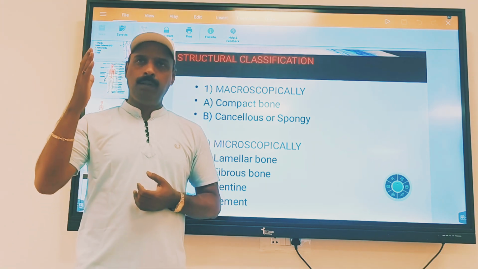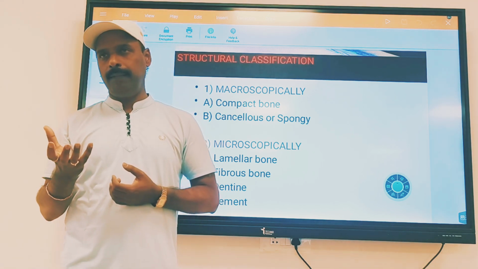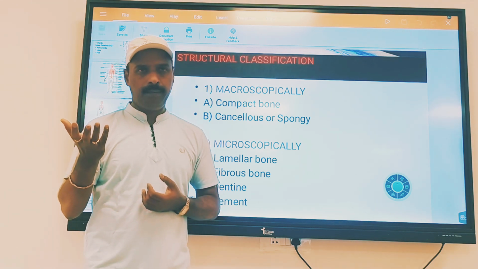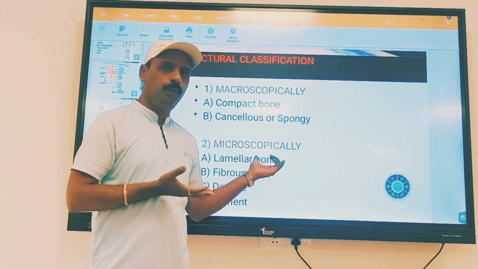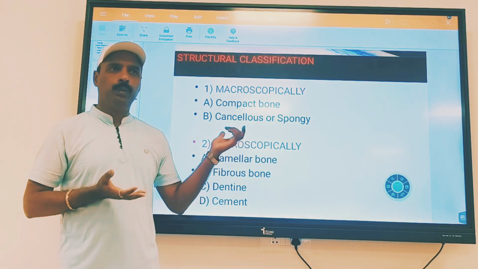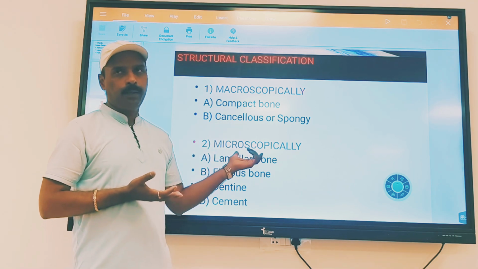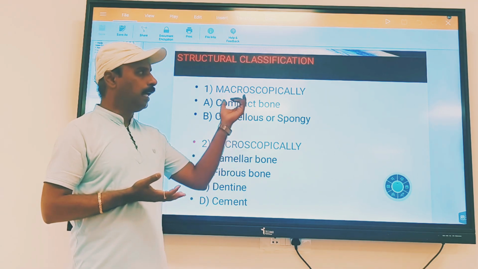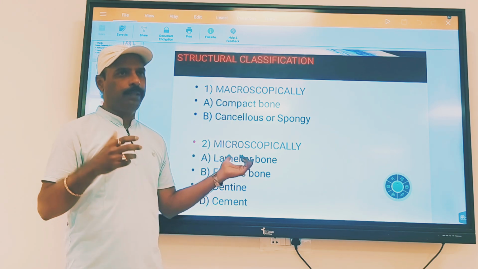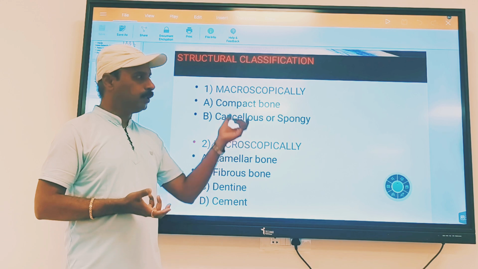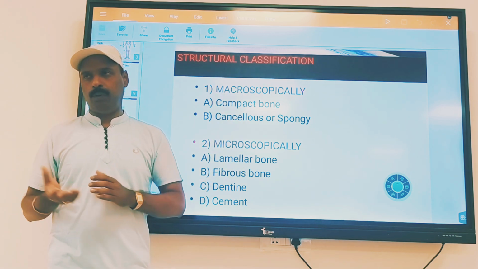So we see the bone with the naked eye, then cut a section of the tissue and study it under the microscope. That is macroscopic with the naked eye and microscopic under the microscope. So you should know macro and micro.